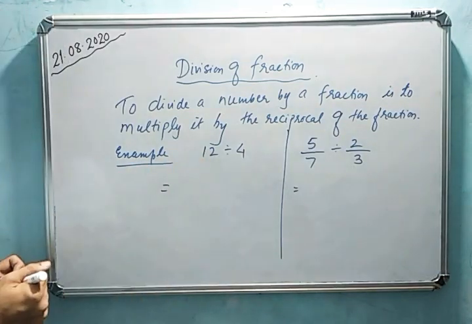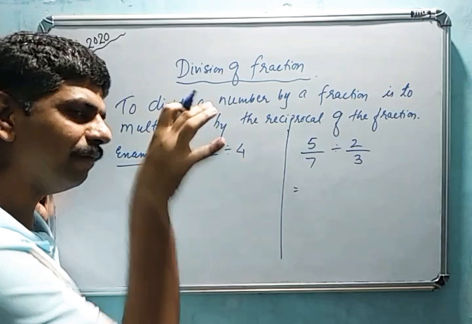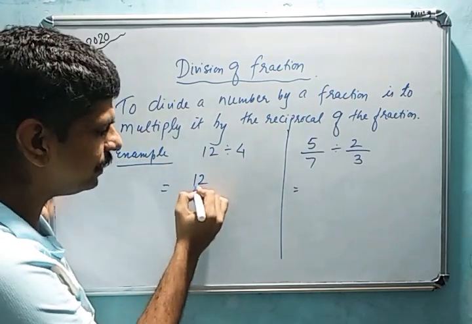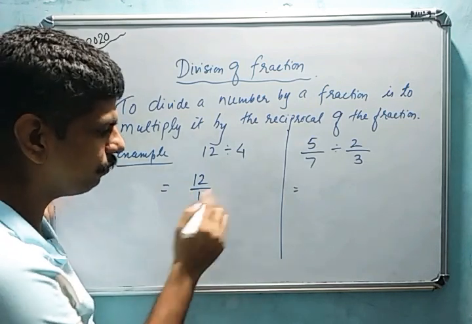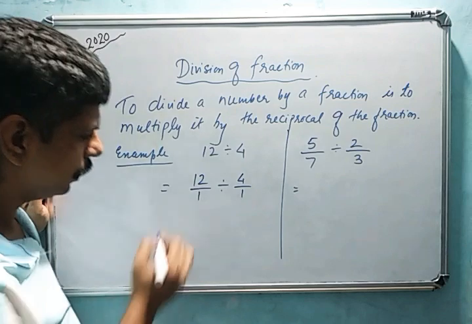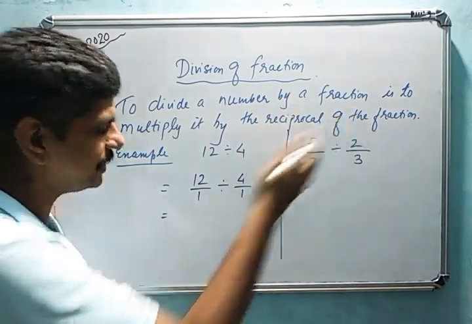Just see here, 12 divided by 4, this is a normal division. So if I have to write this as a multiplication, how would I write? So 12 means 12 upon 1 divided by 4 upon 1. So according to the rule, it has to be multiplied by the reciprocal.